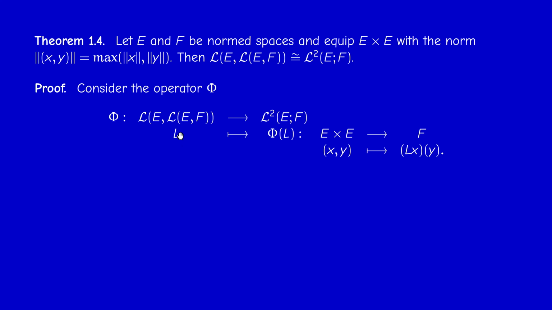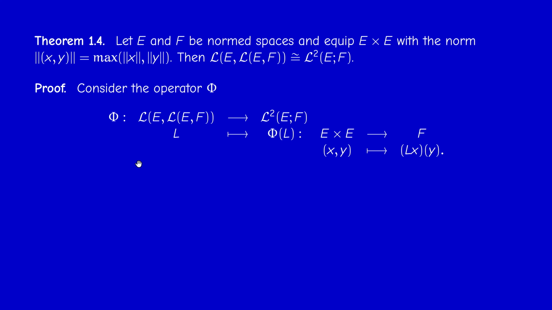To each element here, call it L, it associates an element in this space that I call phi of L. But an element in this space is really what? A map from E times E into F, that to each couple x, y associates what? L of x, which is an element in L(E, F), evaluated at y, which is now an element of F. This is the idea that I was trying to explain.